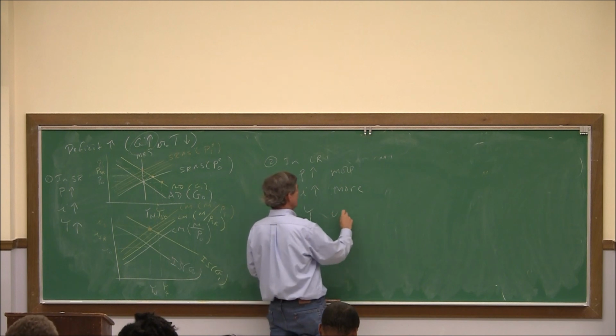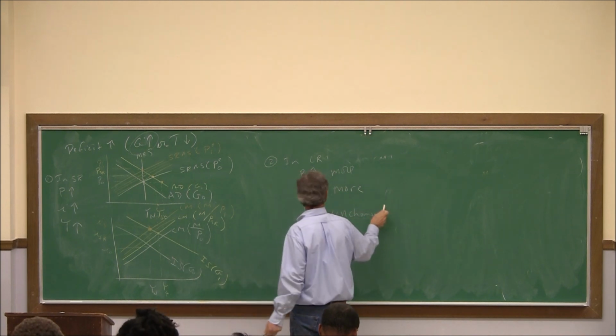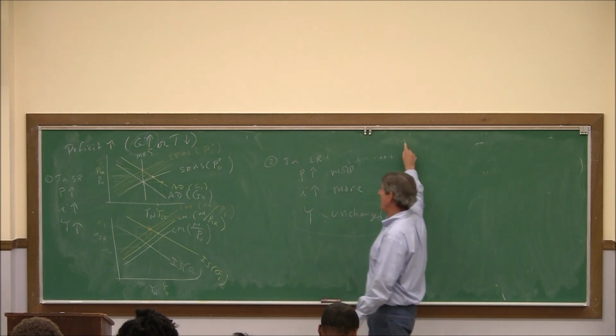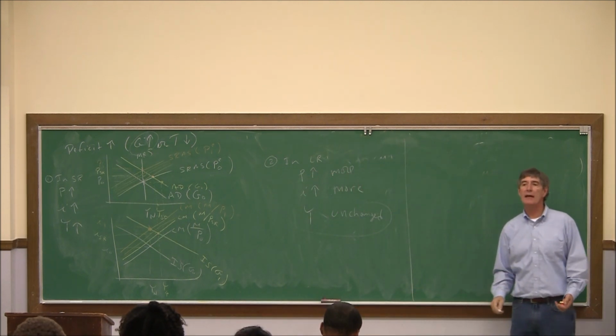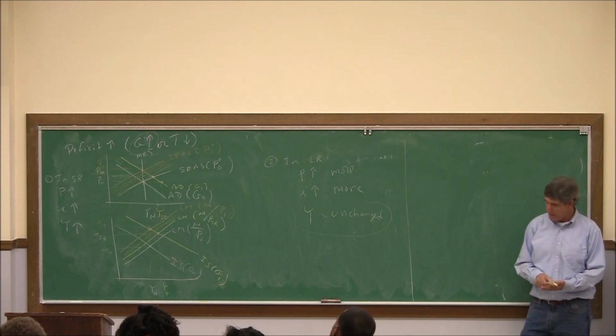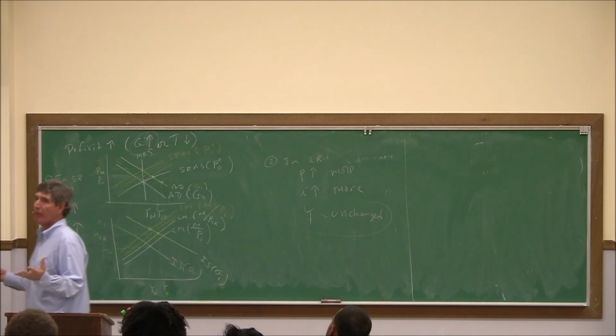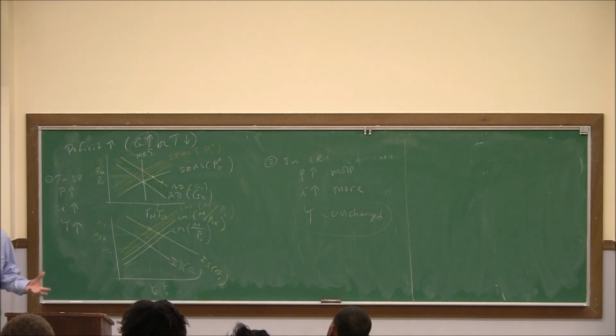The output is unchanged. Unemployment too. So again, we have this effect that in the long run, you can't really impact the output. So in the long run, monetary policy has no effect on output at all.